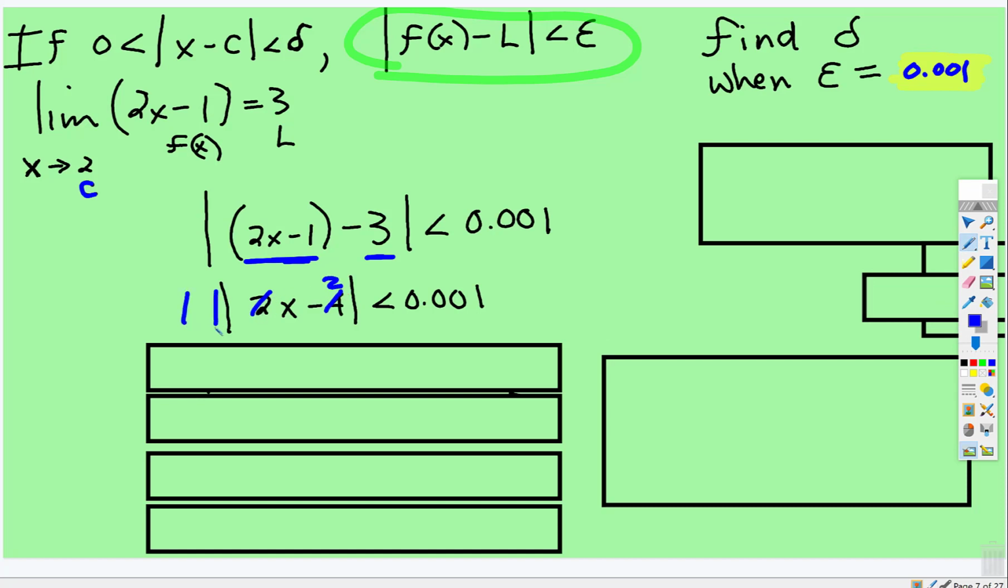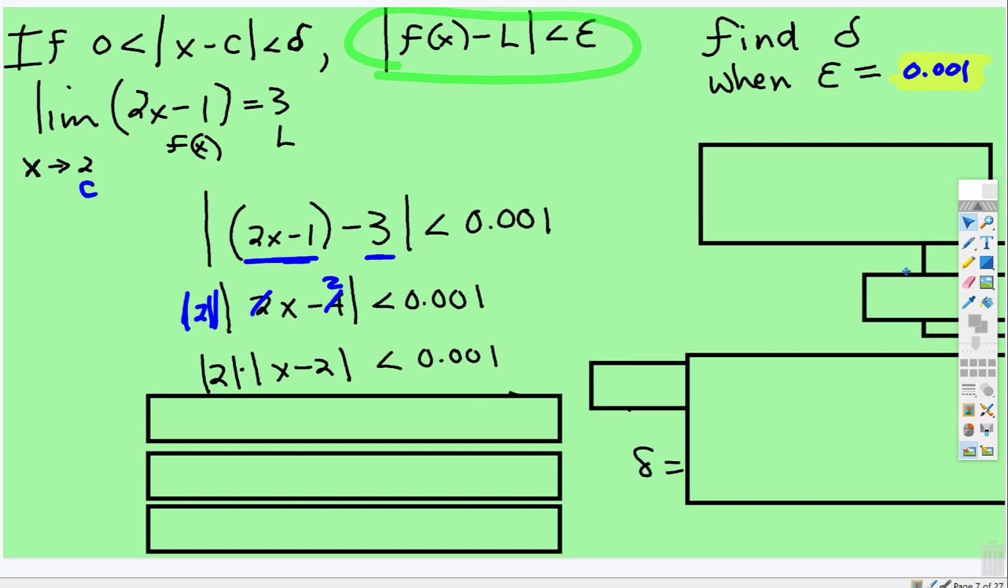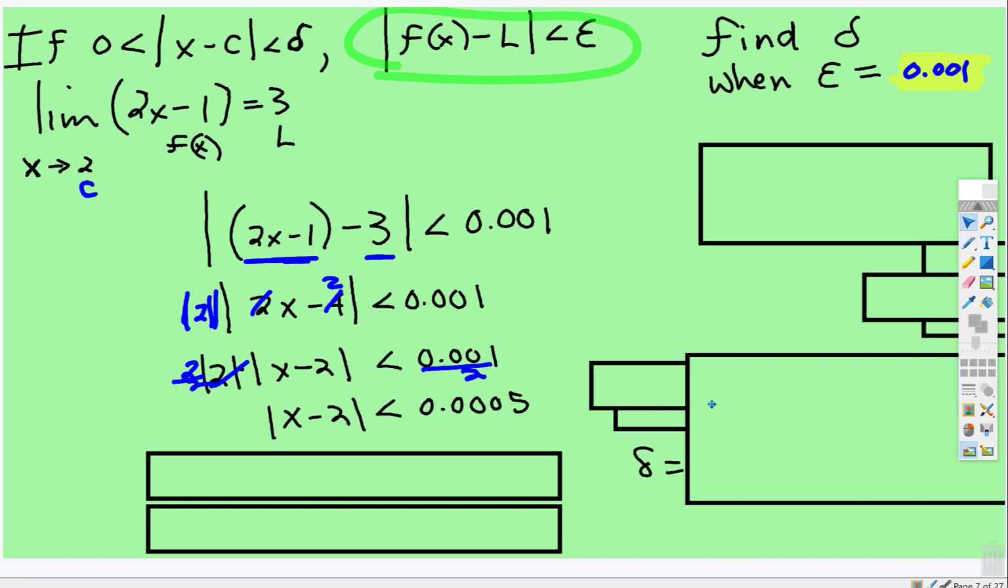So when we pull out a 2, it's the absolute value of 2, and the absolute value of 2 is 2. So we can just rewrite that as times 2. And then we're going to divide both sides by 2. And then once we do that, this is the delta that we'll be using.